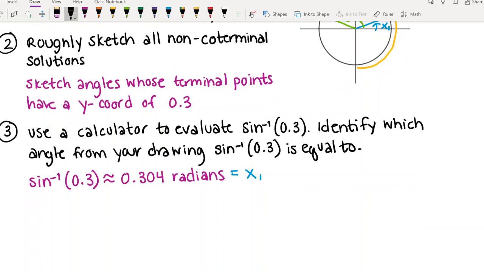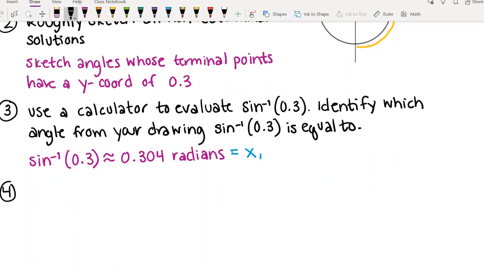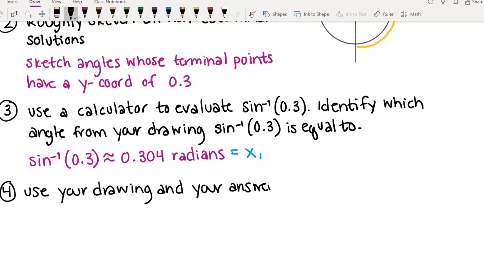So how do we find the other angle? Well, we can make use of our picture and the answer that we just found and do some simple geometry and arithmetic to figure out what that other angle is. So we're going to use the drawing and your answer to the second part to find the other angle.